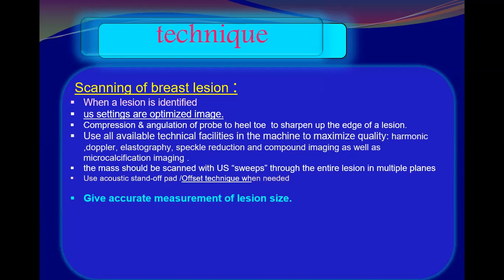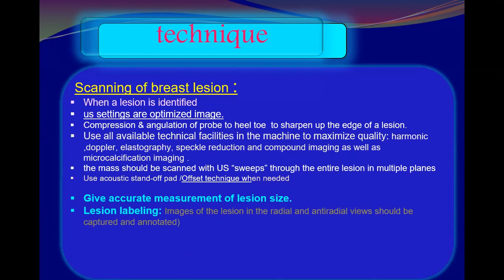And then we have to give an accurate measurement of the lesion size, do lesion labeling, and the images of the lesion in the radial and antiradial views should be captured and annotated.